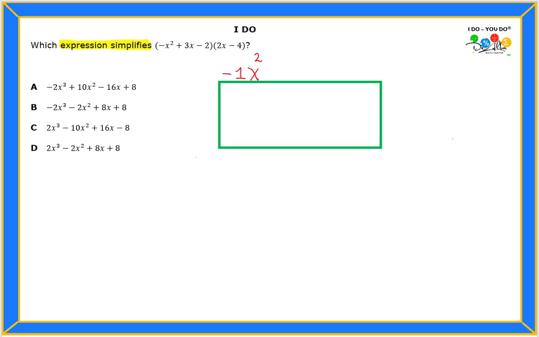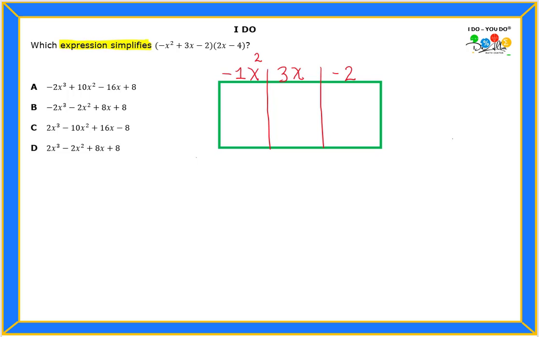I'm going to draw a line here to separate that from the second term, which is 3x. Notice how 3x has a plus, therefore I'm just going to leave it like that, okay? Then I have a negative 2 because it says minus 2. Make sure you write down a negative 2. So far so good?